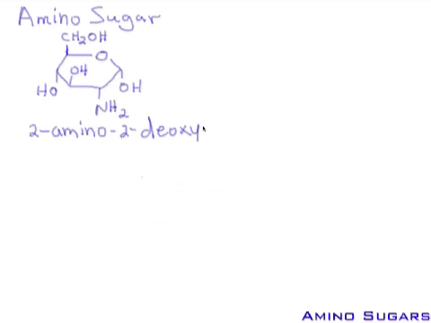Okay, so we'll put a hyphen here. Alpha-D-glucopyranose. Now these amino sugars are important. And by the way, the common name for this is simply glucosamine.